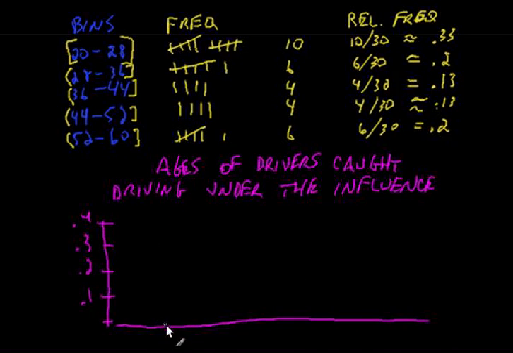And then for the ages we have 20 to 28. So I'll start to make the bars here. 1, 2, 3, 4, 5 bars. So the first bar will represent 20 to 28, including both endpoints.